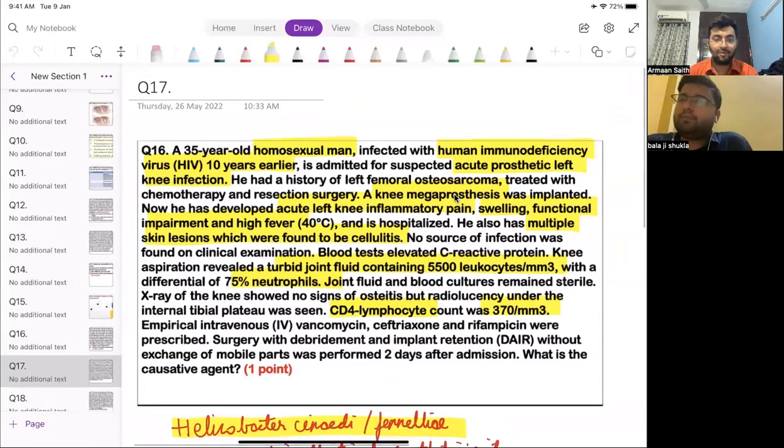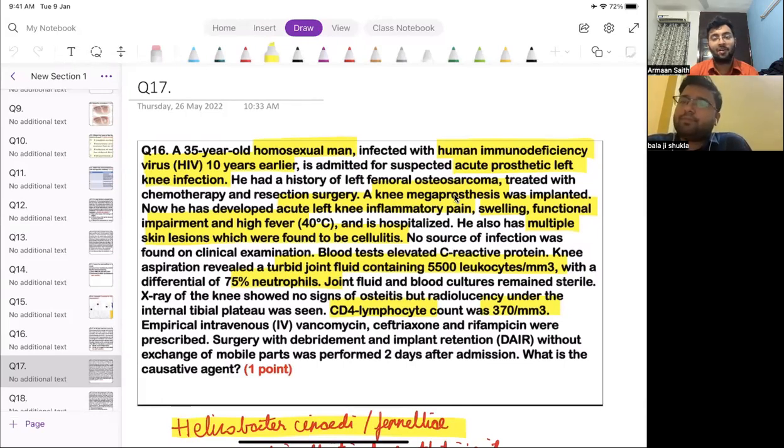Now the next question, also a clinical case scenario, in which a 35-year-old homosexual man infected with HIV 10 years ago now presents with acute prosthetic left knee infection. He had a history of left femoral osteosarcoma, which was treated and resected, and in its place, a knee megaprosthesis was implanted.